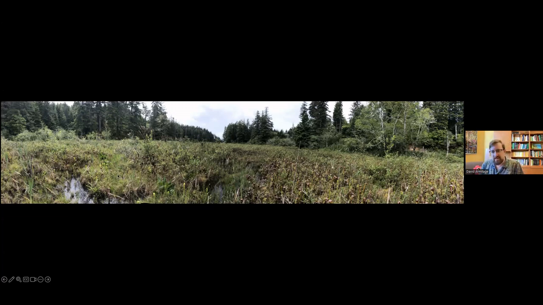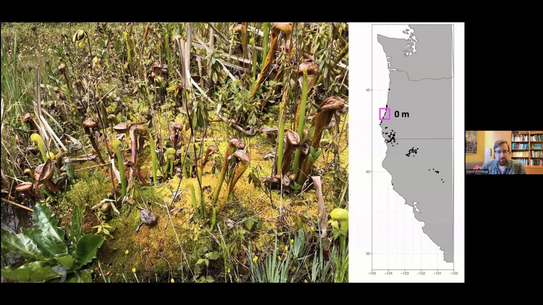So this is the kind of site that, if you're from the east coast of the US, you would typically be finding a lot of Sarracenia purpurea growing in. Kind of a classic purpurea-looking site. But here on the west coast, we've got Darlingtonia growing. And here's a close-up of what that looks like. And again, there's not a ton of sites that have this type of characteristic. So quite unique, I think.